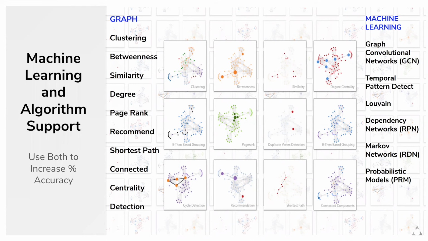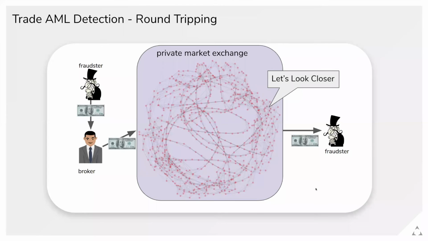So let's just choose one and jump over to the next slide where we're looking at a specific implementation here with respect to round tripping. So Chris showed you a little example earlier with some round tripping information using prepaid commission to be able to clean some money. And what we see in the middle of this diagram is a graph of nodes, those red dots connected by edges, the gray lines.